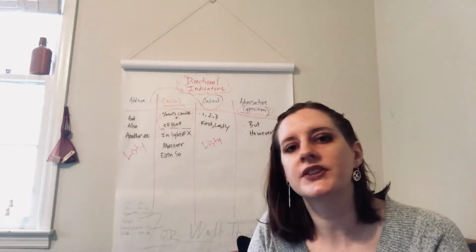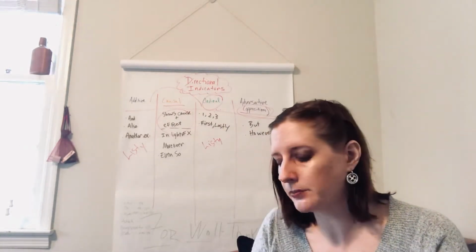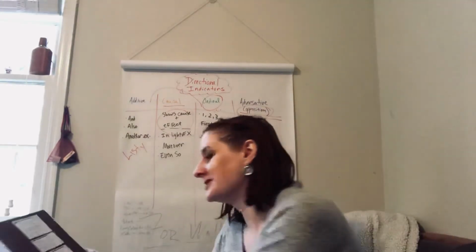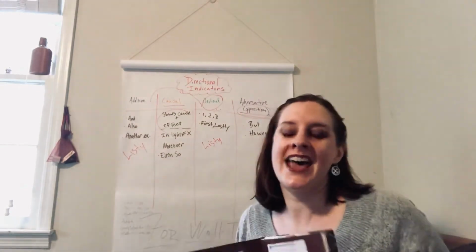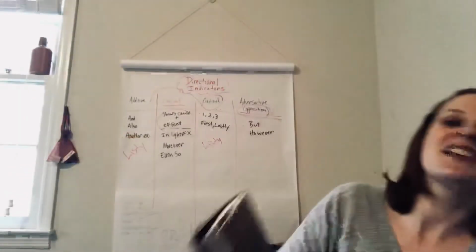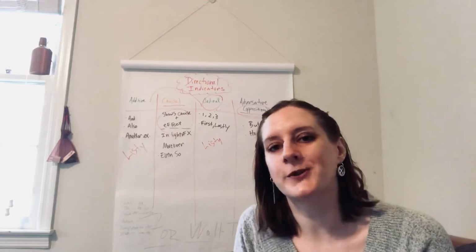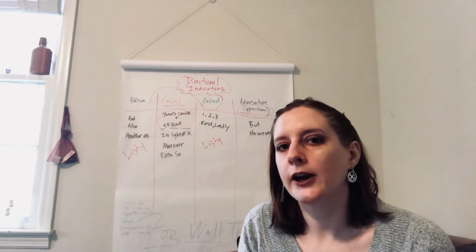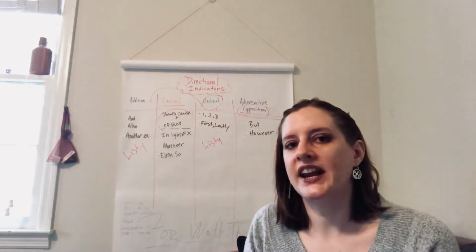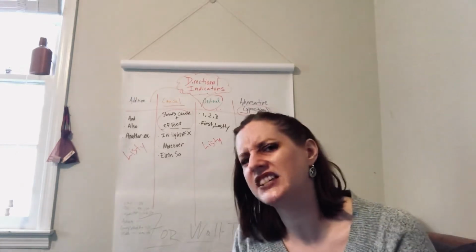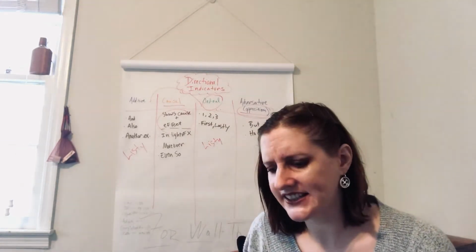This is one of the most important lessons I personally ever learned in writing, and to show you, I have kept a list of each of the kinds of things, and I put them in my writing notebook. I'll give you a link to where you can get resources for trying to figure out what kind of directional indicator is what. But I like to have this list on hand because if I get stuck, if I don't know how to move from this idea to that idea, I look and I see, what am I trying to do?